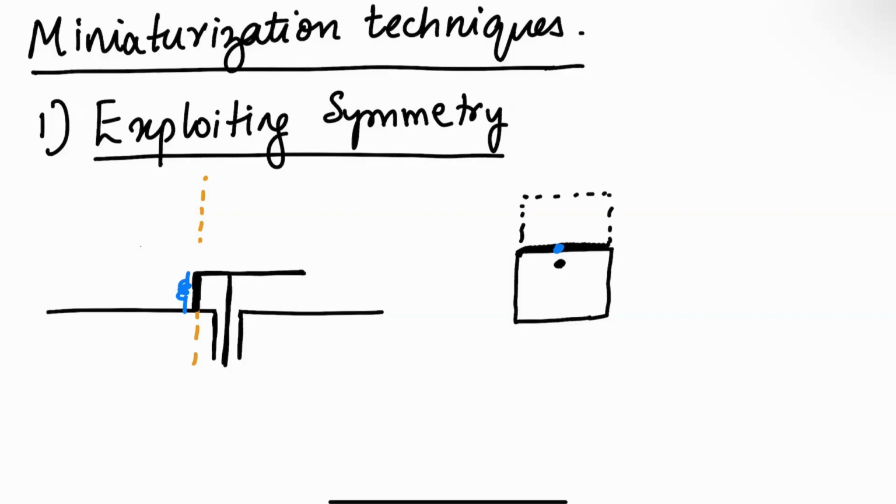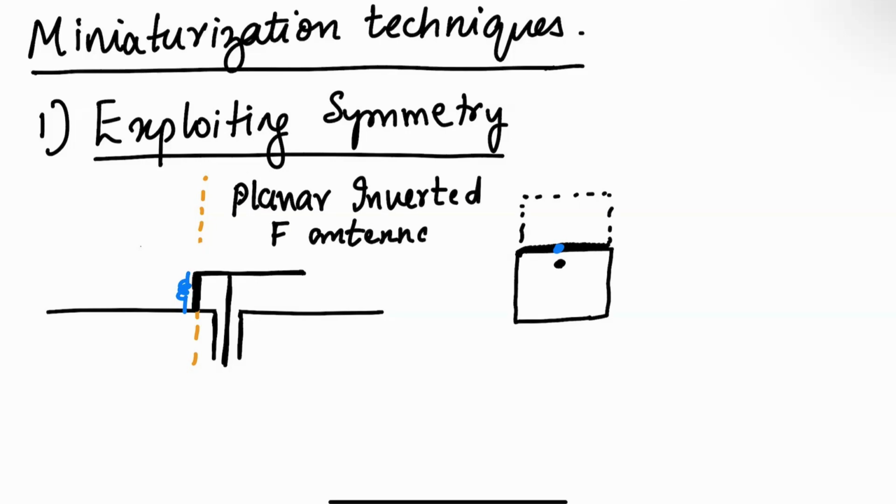Okay, so this antenna is called a PIFA, planar inverted F antenna. F because this looks kind of like an F, right? Where is the F?